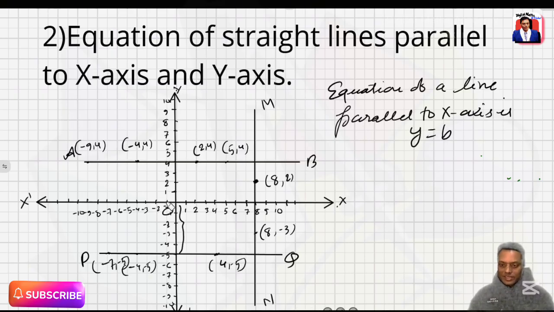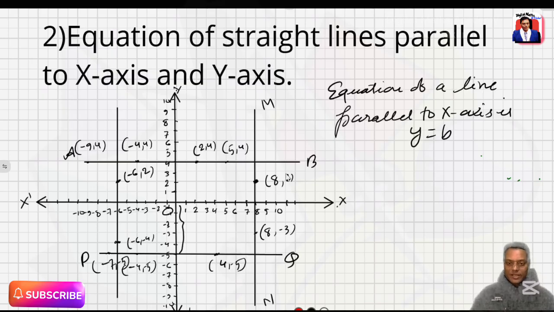And when the line is on the negative side, let the line be here. The x-intercept is negative 6, so the coordinates are (-6, 2). This point we can find very easily, that is (-6, -4), isn't it?